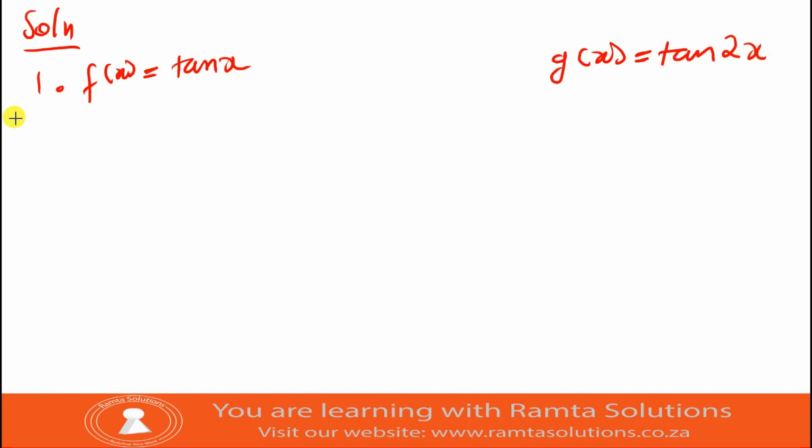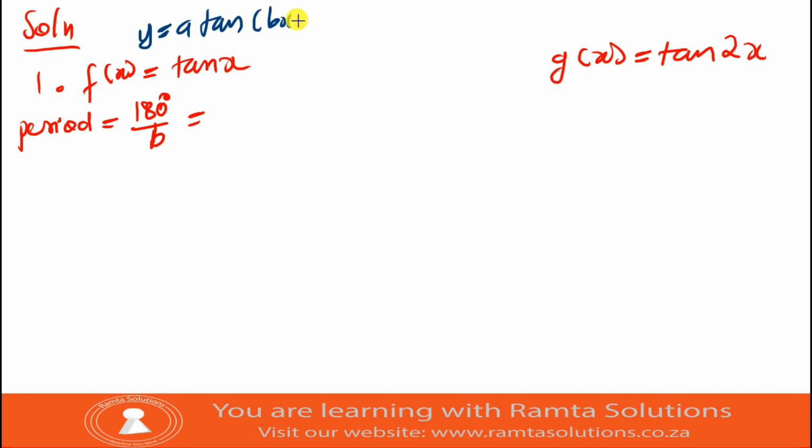Our period is 180 degrees over b. What is the value of b? Remember, these have the form y equals a tan(bx plus p) plus q. As you can see, b equals 1. So this is 180 degrees over 1. Our period is 180 degrees.